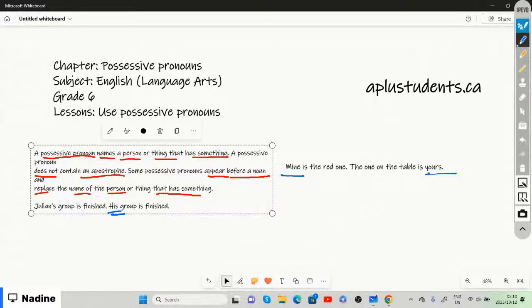So a possessive pronoun names a person or thing that has something. It does not contain an apostrophe. And some possessive pronouns appear before a noun and replace the name of the person or thing that has something.